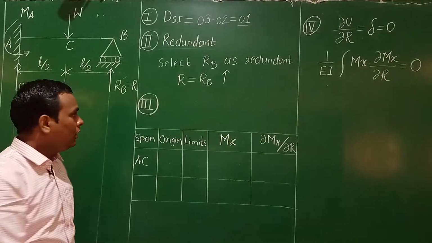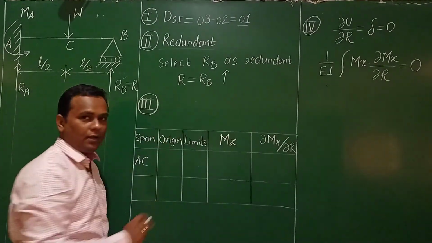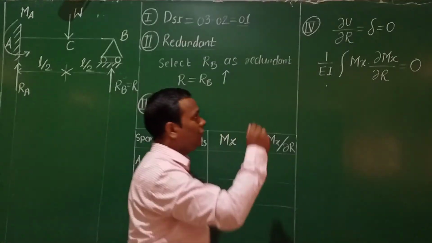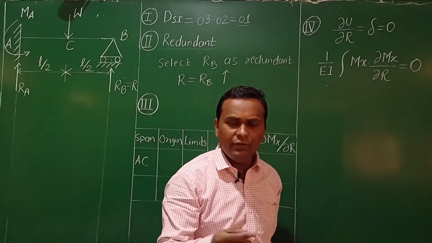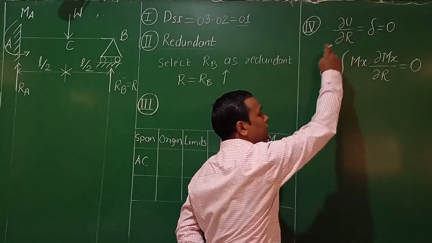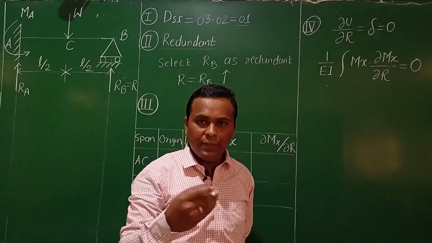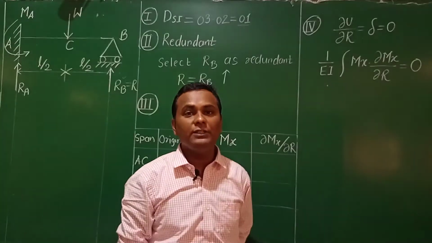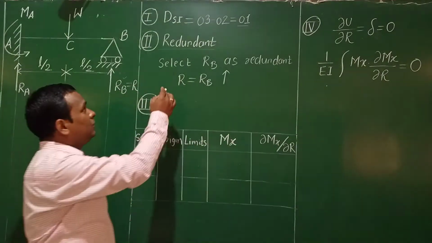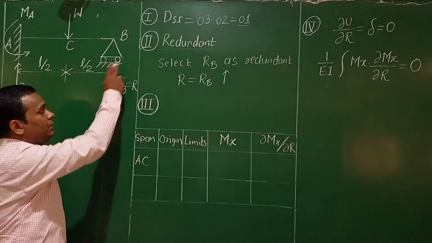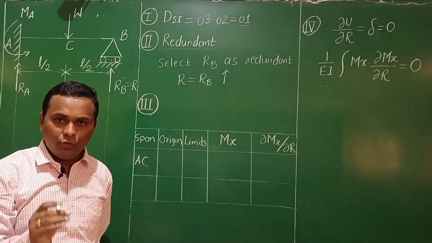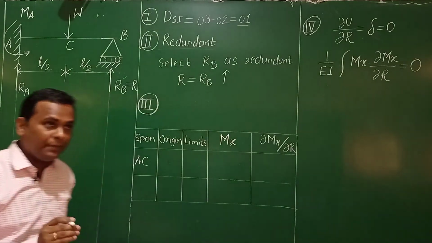Okay. Now after selecting this redundant RB, we have to discuss Castigliano's theorem. We know that according to Castigliano's theorem, the partial derivative of strain energy with respect to the redundant, or with respect to the applied force, gives the respective displacement. Here we need to apply the strain energy concept at support B, where we have to take the partial derivative of total strain energy with respect to the applied force.